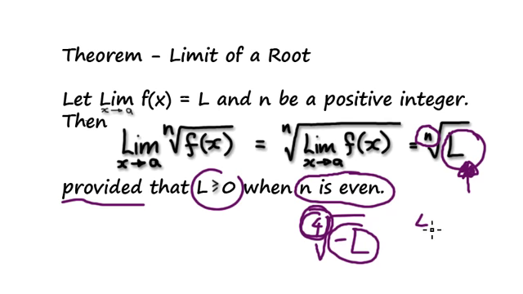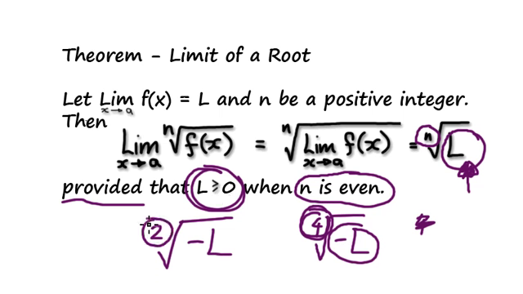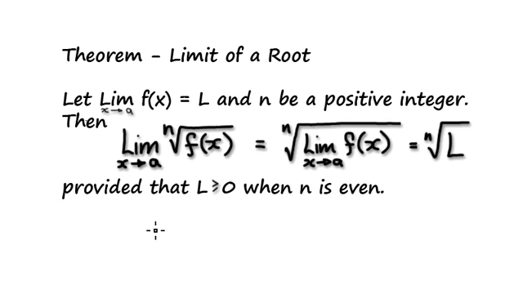So that's just like you saying, okay, let's say it's 2 for, let's say, square root. When it's a square root, you cannot have a square root of a negative number. So it's saying L has to be greater or equal to 0 when this number here is an even number. You see, when it's a cube root, then you can have whatever you want.